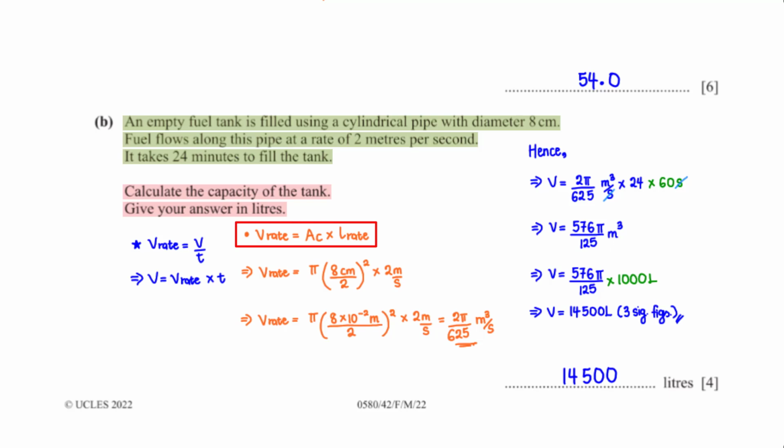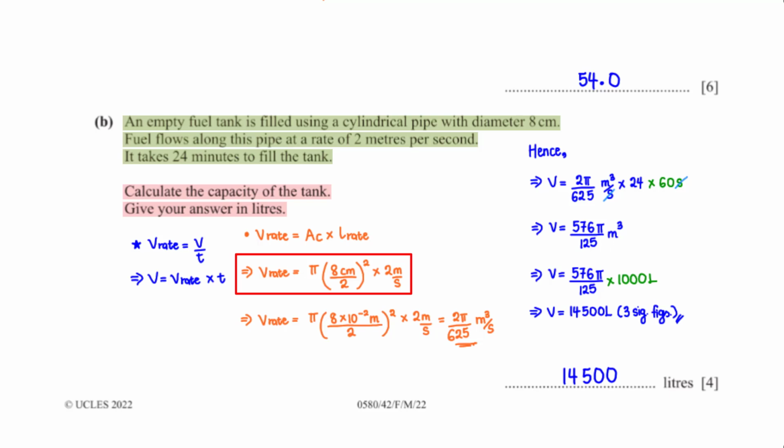To get the volume flow rate of the fuel into the tank, we multiply the cross-sectional area of the cylindrical pipe by the linear flow rate of the fuel through the pipe. The cross-sectional area of the cylindrical pipe is in the shape of a circle, and the area of a circle is pi r squared, where r in this case is 8 centimeters divided by 2.